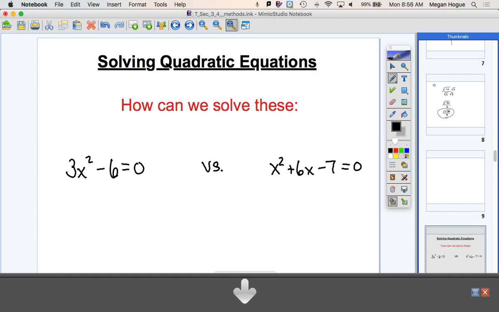We kind of talked about this last week. How do you think I can go about solving that, Chase? You divide by 3. So I can divide by 3 because that's kind of like my GCF. So I'm going to pull that out as my GCF. I'm going to be left with x squared minus 2 equals 0.